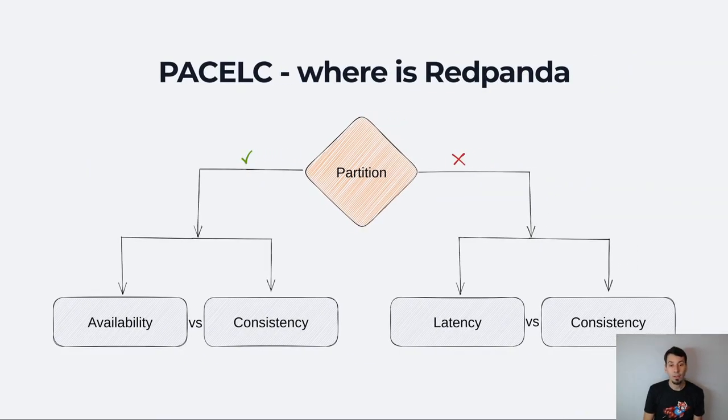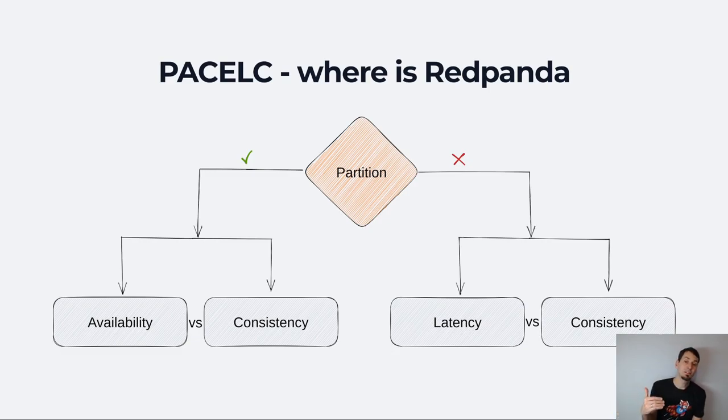So where are we with Redpanda? With its current capabilities, when we think about multi-region, we always trade availability for consistency. We value consistency because it provides easy reasoning and also data safety, which is right now very important for most of the use cases.